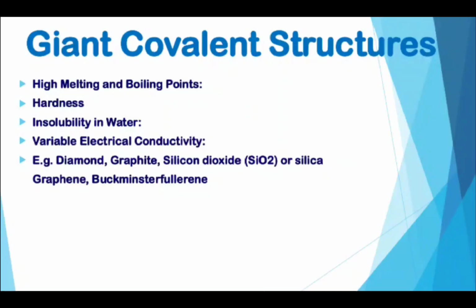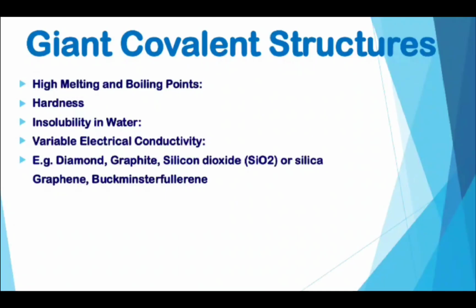Let's come to giant covalent structures, covalent structures where the electrons are shared. Children, many substances that have covalent bonds are formed of simple molecules. Those simple molecules could be oxygen, carbon dioxide, methane. These are a few examples. This is because the forces holding the atoms together are very strong.